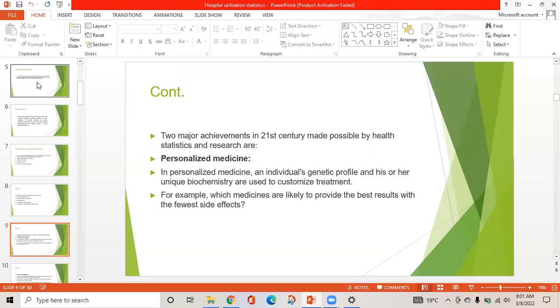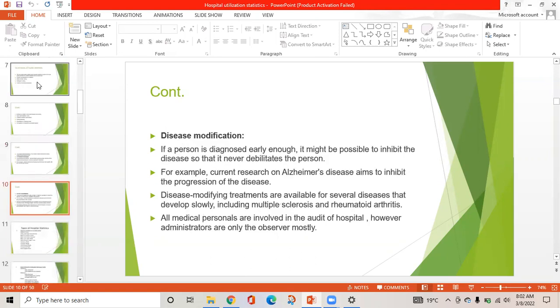Two major achievements in the 21st century made possible by health statistics and research are: first, personalized medicine, that is, an individual's genetic profile and his or her unique biochemistry are used to customize treatment. For example, which medicines are likely to provide the best result with the fewest side effects. The other is disease modification.